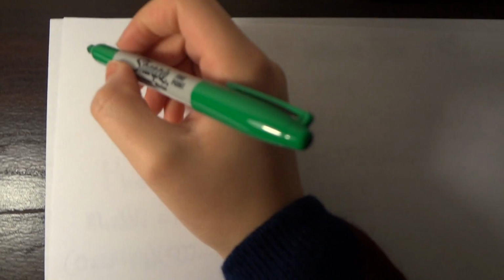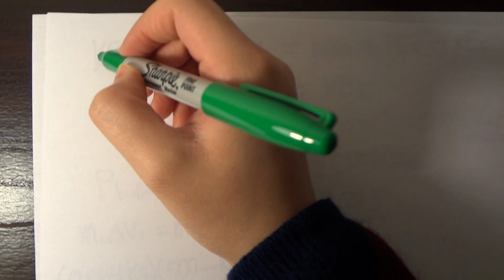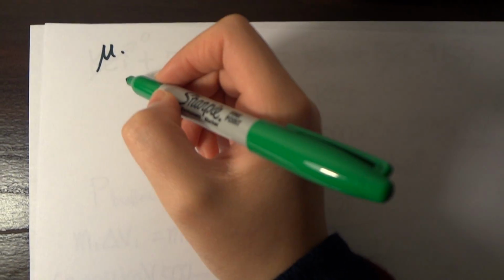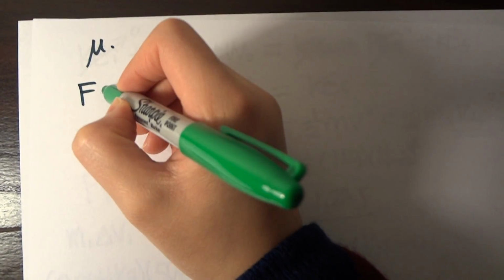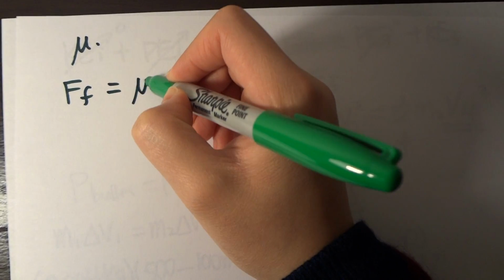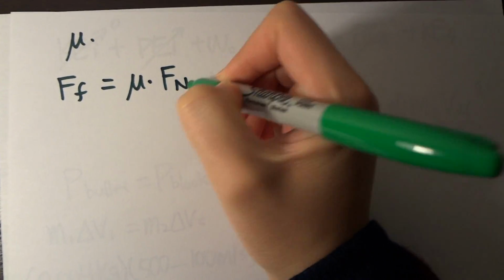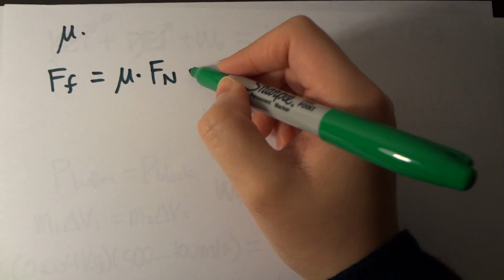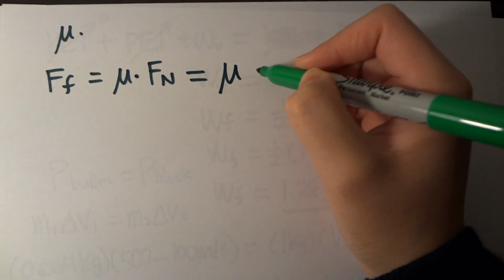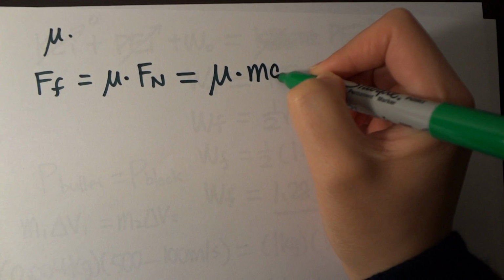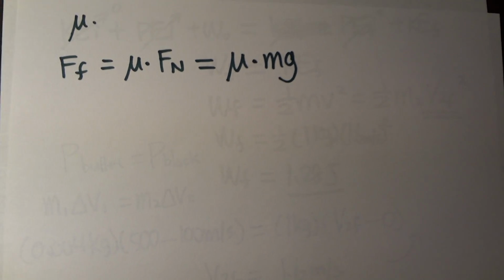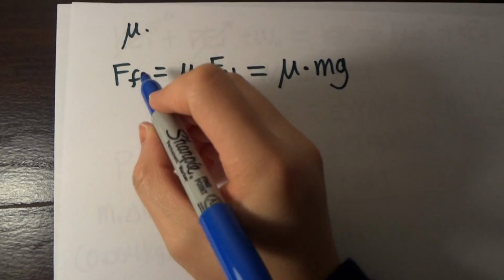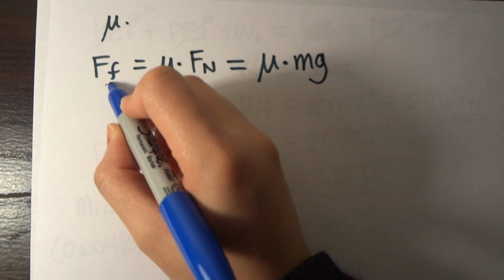In this problem, we're looking for mu, the coefficient of friction. We know that the force of friction is mu times the normal force. Since the block is not accelerating up and down, it's the same as mu times the weight, mg. And how can we get the force of friction?